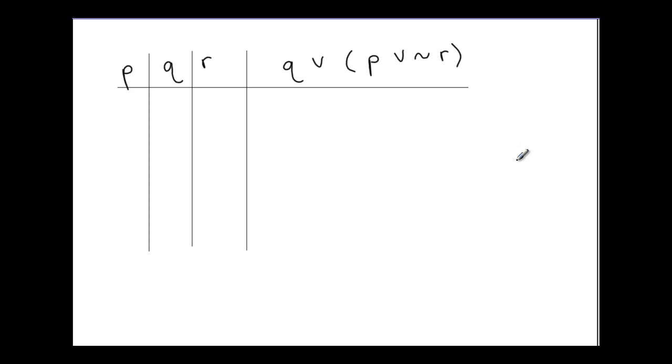And now let's look at a truth table in which we have 3 different statements, a P, Q, and an R. We want to construct the truth table for Q or P or the negation of R. The last column that we're going to fill out is this one. It ends up being a disjunction. The way that we set up truth tables when we have 3 different statements, we're going to have 8 separate cases. So under the P column, you'll want to first use 4 trues and 4 falses.